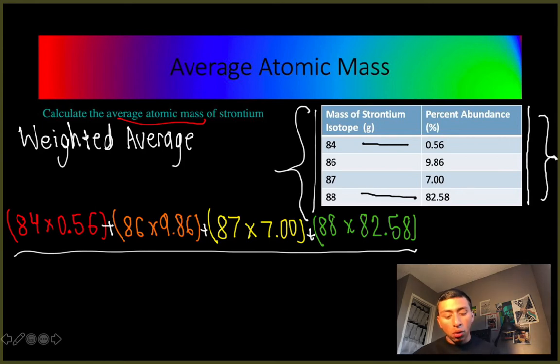But really quickly, before we do calculate this, I want to point out that one thing you need to pay attention to is how you insert these percentages into your problem setup, right? I inserted these percent abundances in their percentage form, right? I inserted 82.58%, 7%, 9.86%, and 0.56%.